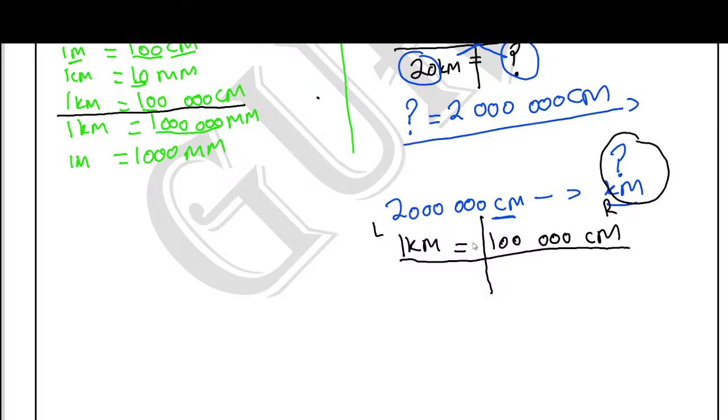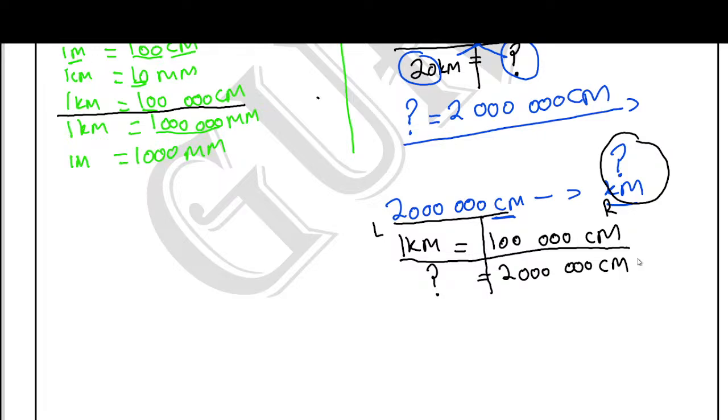We have the left and the right. The left is unknown, and on our right we have 2 million centimeters. Then we just do equal to like this, and we write 2 million. That means that every time you want to do your cross multiplication, you must have 4 units.